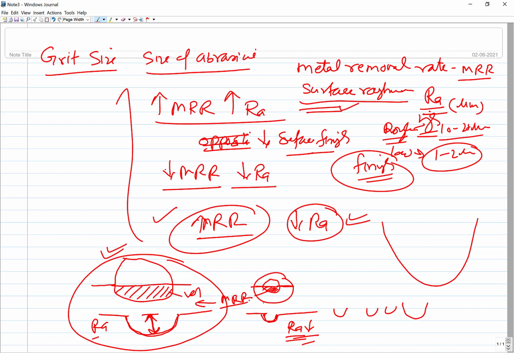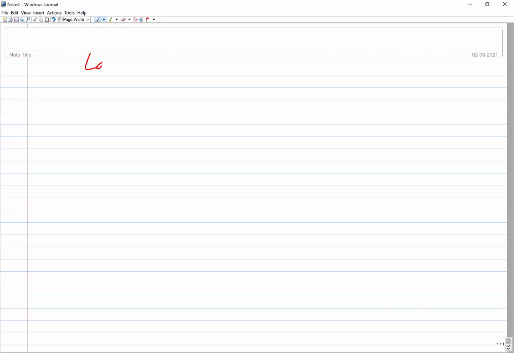Okay. So now summarily what we can say: small size abrasives. How do we measure the abrasives?